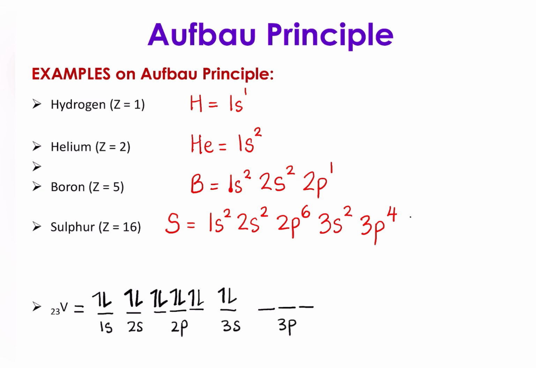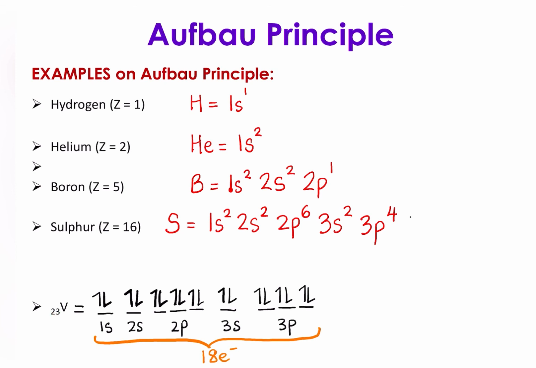So far, saya continue sampai 3p ada 6 elektron. So, my filling depends on number of electrons. So, from here until here, total elektron yang saya sudah guna adalah 18 electrons. So, right now, saya ada total 23.